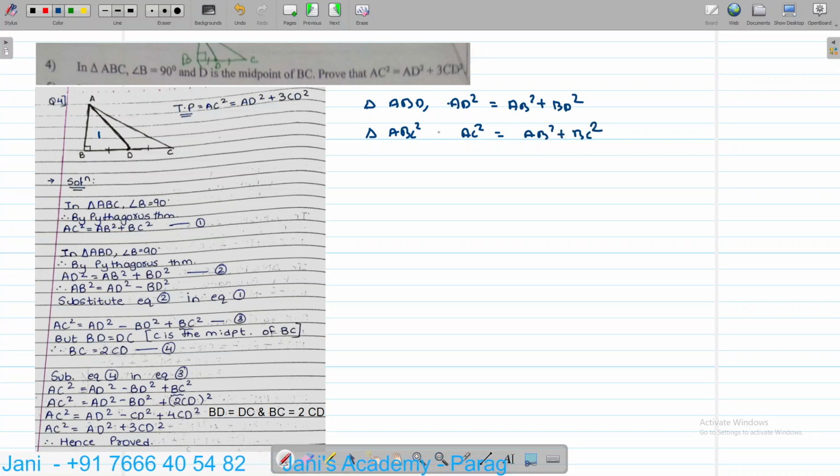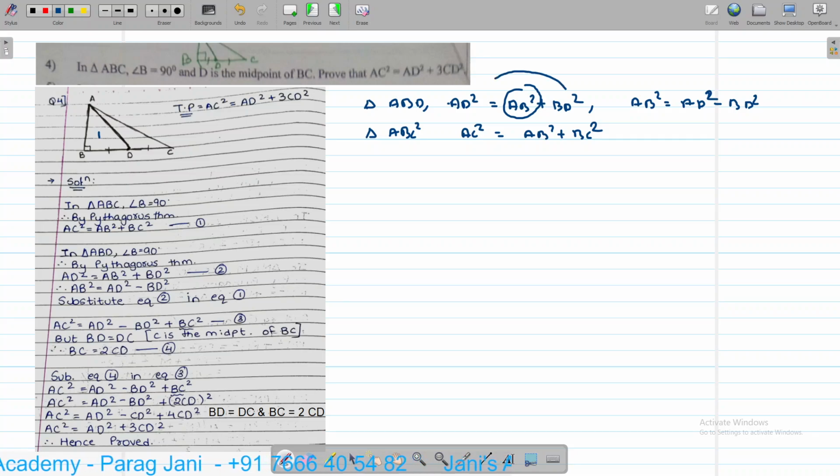These two triangles you have considered. Now you can say AB square is equal to AD square minus BD square. So I will keep AB square as it is and move BD square to the other side. So now AB square is equal to AD square minus BD square.